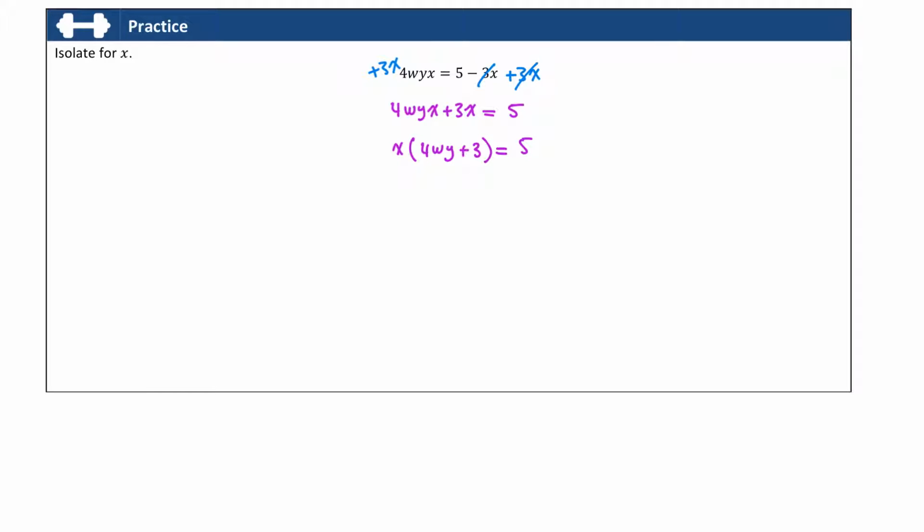And for my final step, all I need to do is divide both sides by 4wy plus 3. And this cancels out with this, and I'm left with x is equal to 5 divided by 4wy plus 3, or 3 plus 4wy.